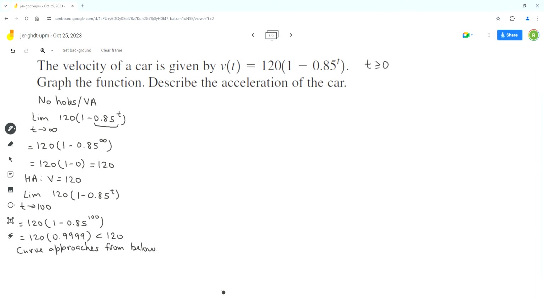Now we can find the intercepts for this function. We can start with the t-intercept. For the t-intercept, we can sub in the v value as 0 and then solve for t.